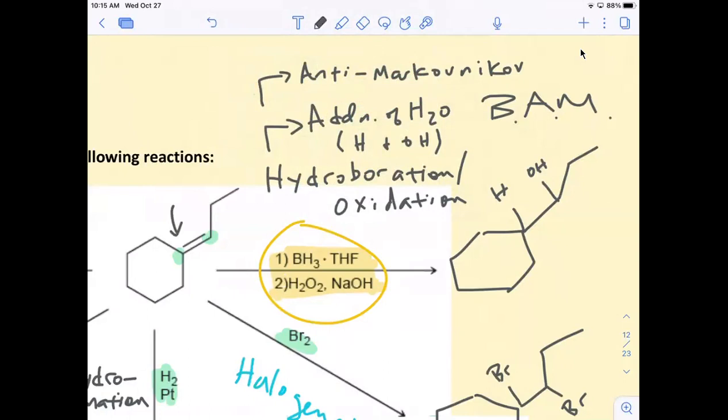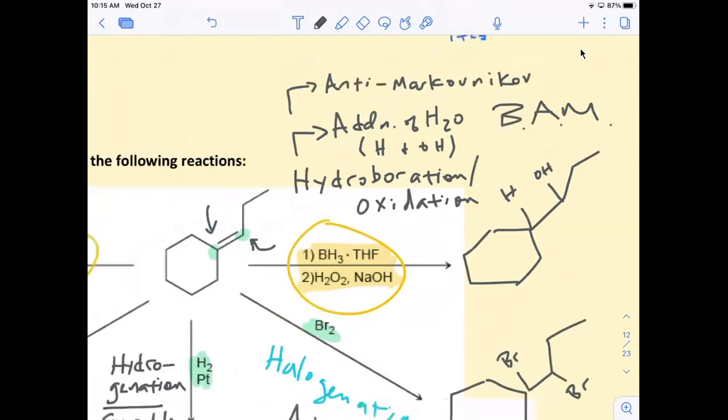What if I want to put it on the other side? I need a method. And so all these reactions are simply tools in a toolbox, and you pull them out when you need them, right? If I want to make an alcohol and I want to put it here, then I need a method to do that. And one of the ways to do it is to use hydroboration followed by oxidation.